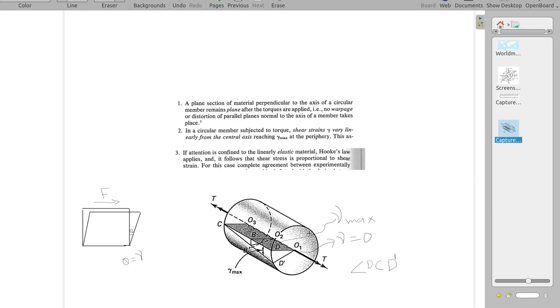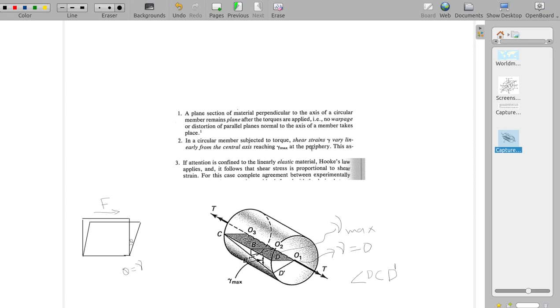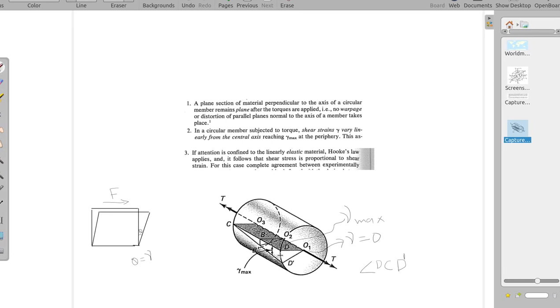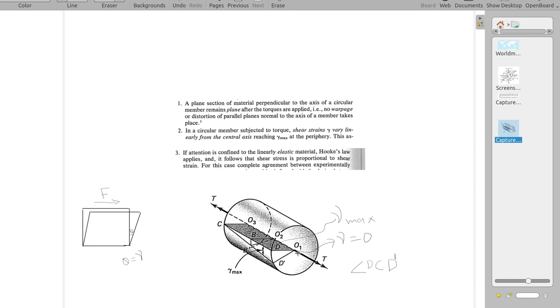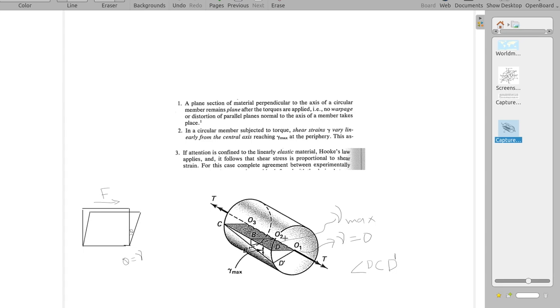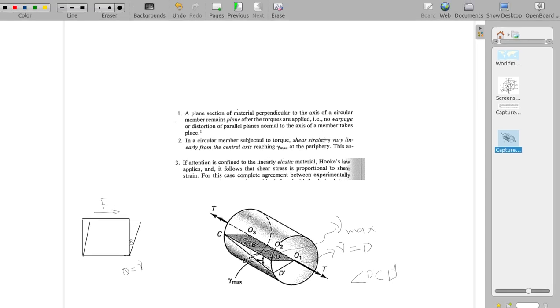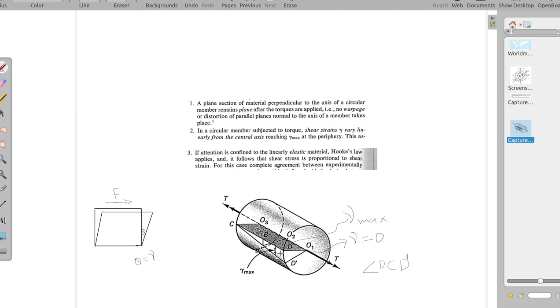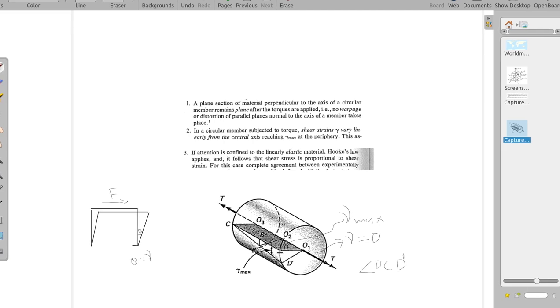If shear stress is proportional to shear strain, just the way we have already said that shear strain is varying from 0 to maximum from center to the outer periphery, shear stress will also be varying from 0 to maximum to the periphery.